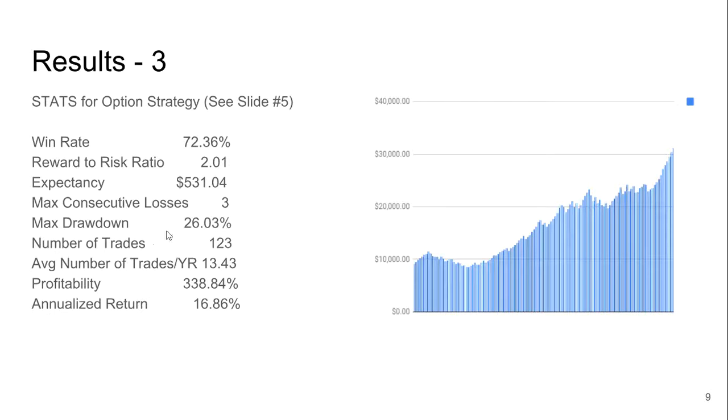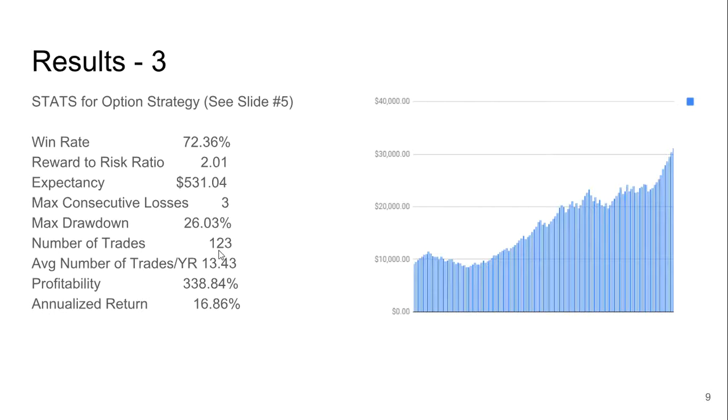And another thing was there was just a 3 for max consecutive losses during this time frame. But here's the thing, the max drawdown was 26%. That's a little too much for me. I'm a kind of risk-averse person, so I'd like to see this number lower. There again, the number of trades was 123. The average number of trades per year was over 13.